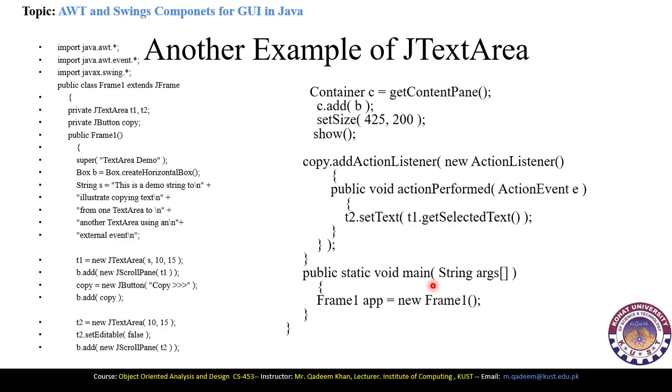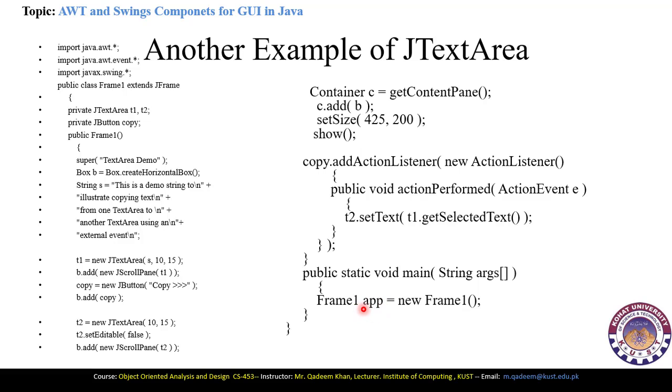Here is the public static void main function. It is a function which must be in every Java program, and Java starts the execution from the public static void main. And inside of the public static void main, we have declared the object frame1 apps equal to new frame1.